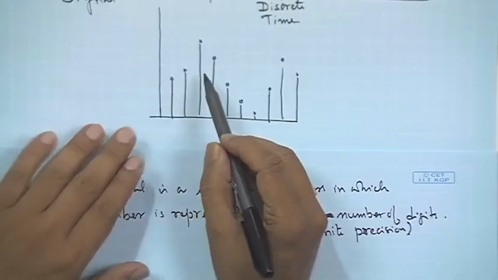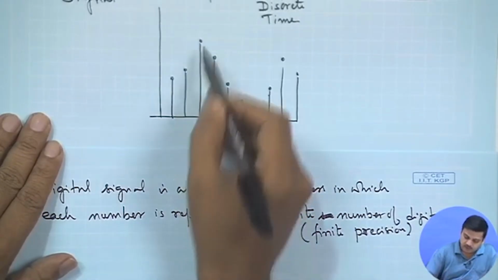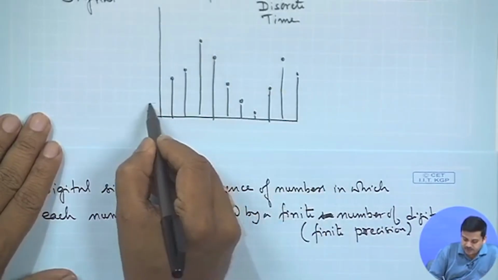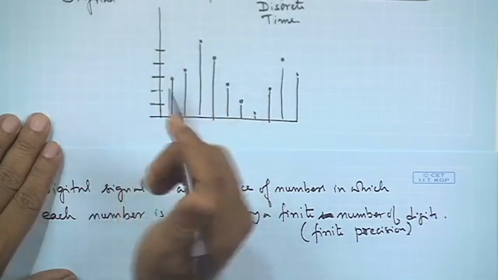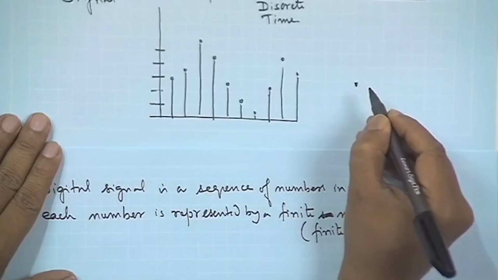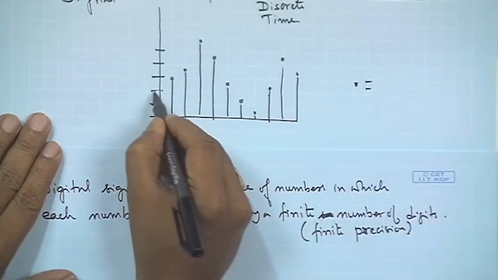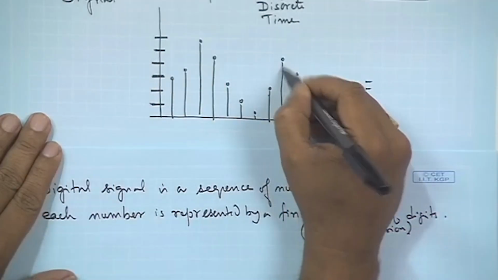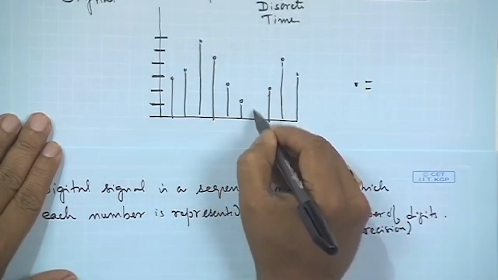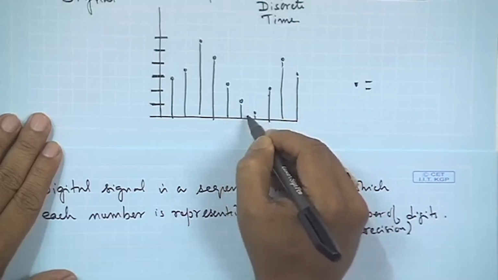Now, once we have this sequence, if we have to represent this exactly, what we need to convert to is finite precision. That means we need to have specific intervals. If it is infinite precision, these intervals are infinitesimally small, so they cannot be; they must be of finite precision. Finite precision means there are some intervals, and what is generally done is, if the signal lies within a particular interval, then it is accorded a particular value corresponding to that interval.